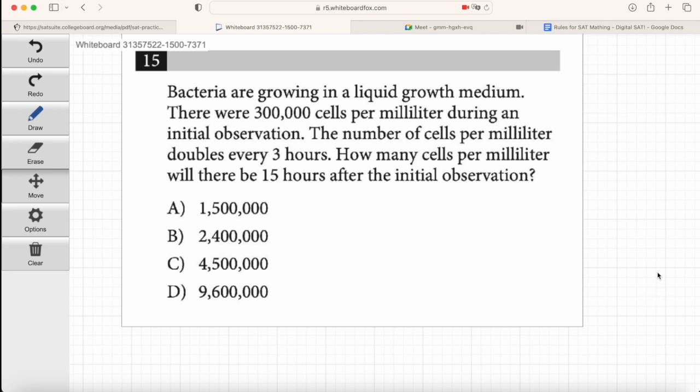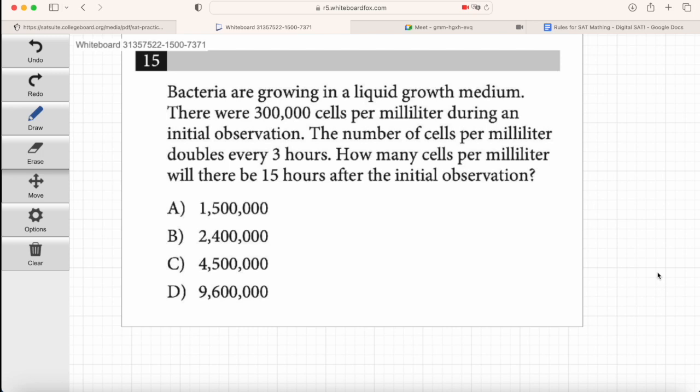There are 300,000 cells per milliliter during initial observation. The number of cells per milliliter doubles every 3 hours. How many cells per milliliter will there be in 15 hours after the initial observation?